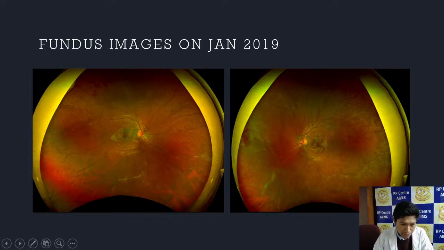In the right eye, we can see the perivascular sheathing, and we can see superior vitreous hemorrhage. The media is clear. The disc is vertically oval, and the macula appears normal. In the left eye, we can also see perivascular sheathing and some areas of non-perfusion with pre-retinal hemorrhages.